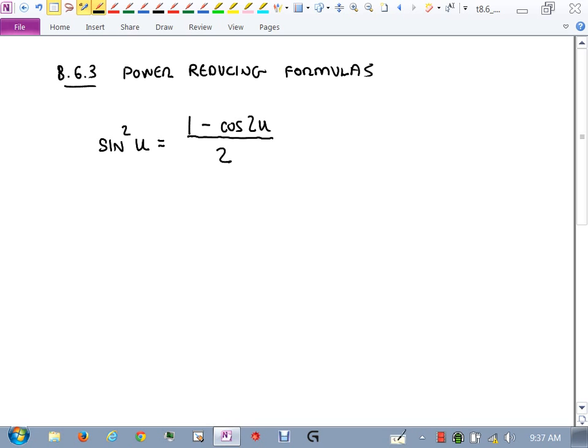Now, so many times this is used, and you don't want it to be one big fraction like that, that I prefer to write the formula this way, and you can put this on your sheet if you'd like.